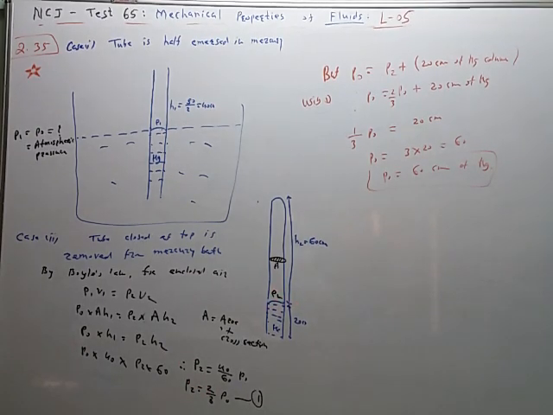So P2 in this case is equal to 2/3 times P0, and therefore this atmospheric pressure P0 is equal to P2, the pressure on the mercury column, plus 20 centimeter of Hg column, and therefore the rearrangement gives P0 is equal to 60 centimeter. So this equation is important. This P0 atmospheric pressure is equal to P2 plus this 20 centimeter column of mercury, like this.